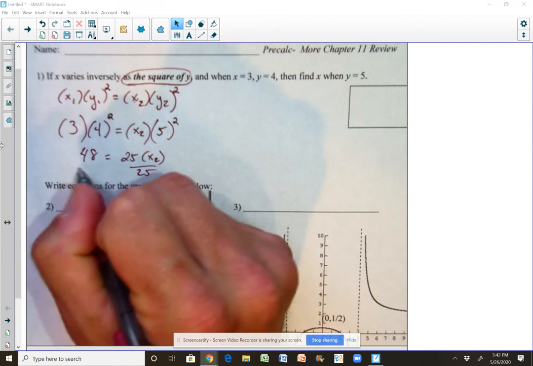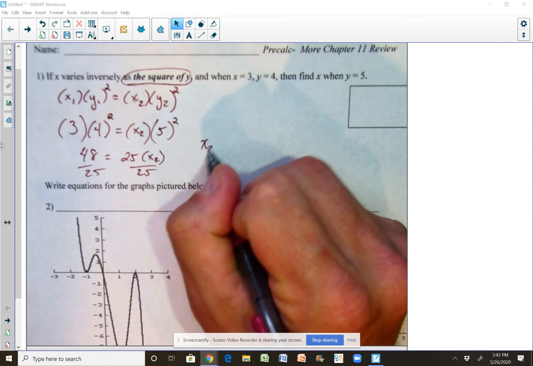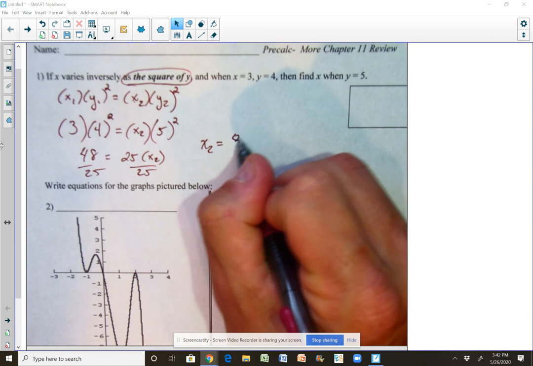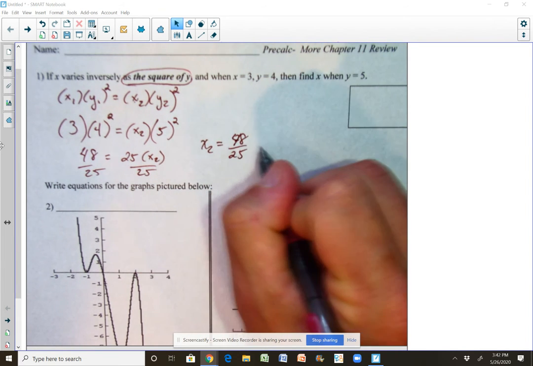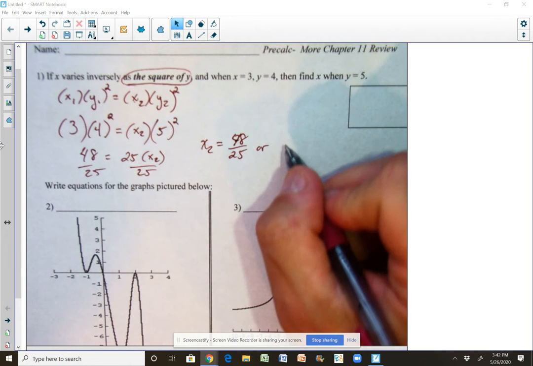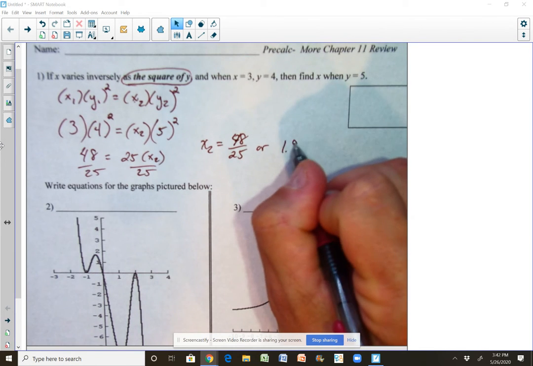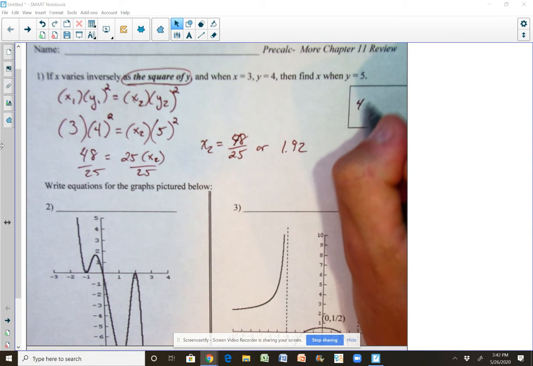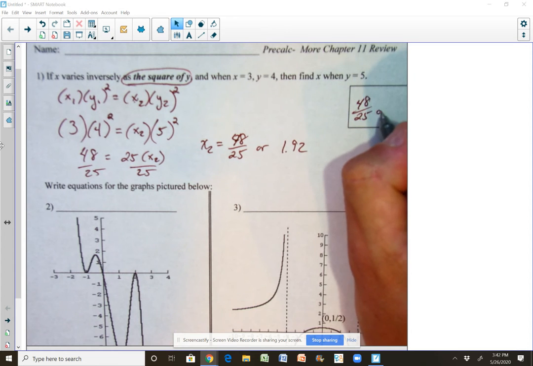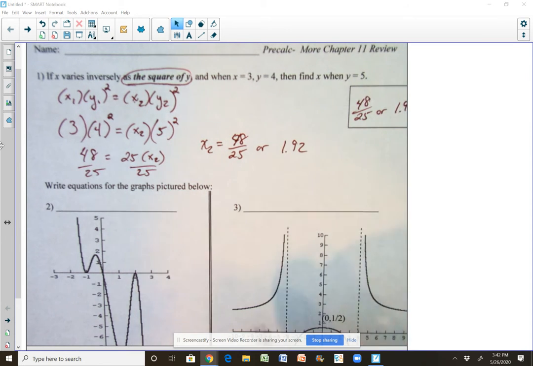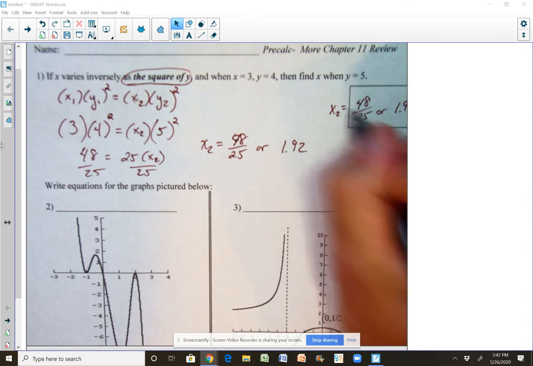So you divide by 25, and your second x value is going to be 48 divided by 25, or I think if you write that out, that turns out to be 1.92. So you can write 48 over 25 or 1.92. Either one is okay, and that's your second x value.